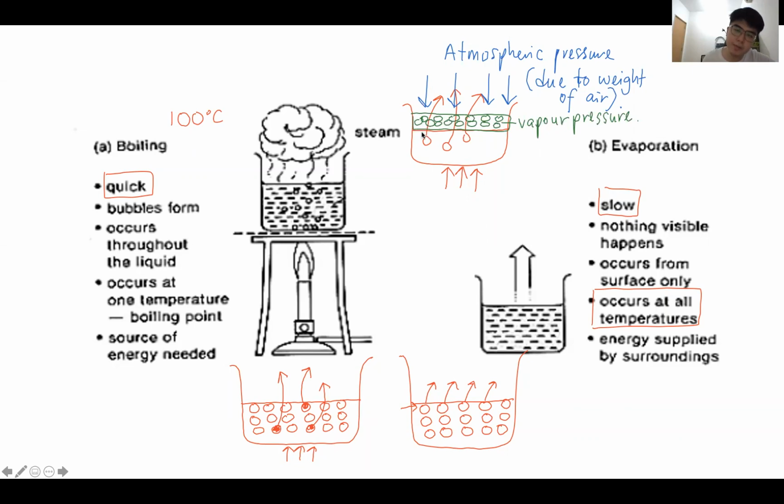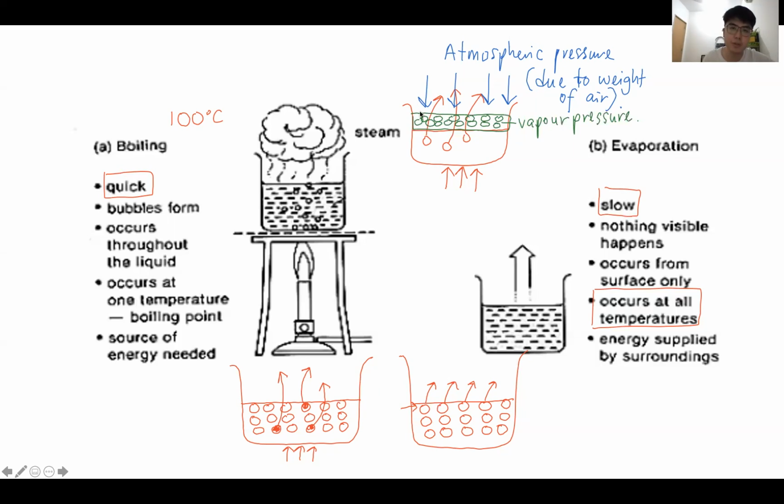So all these fast-moving particles, like hot steam, build up the vapor pressure. And if this vapor pressure is smaller than the atmospheric pressure, then still they cannot escape. Only when the vapor pressure is equal is when the boiling starts.